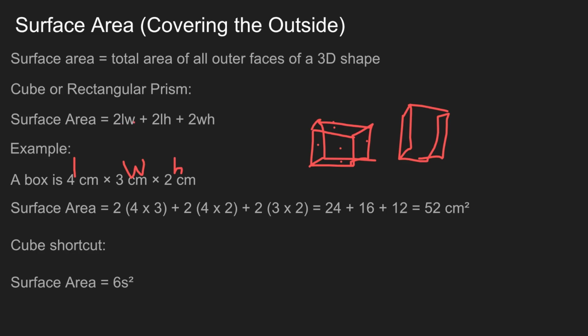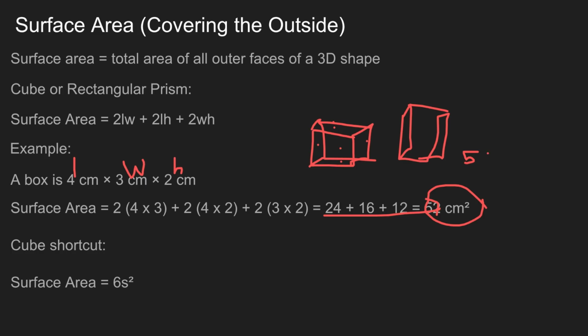Length times width, 4 times 3 is 12. 12 times 2 is 24. Okay, length times height. 4 times 2 is 8. 8 times 2, 16. 3 times 2, 6 times 2, 12. And you add all those together and you should get 52 as your surface area. Okay? 52.